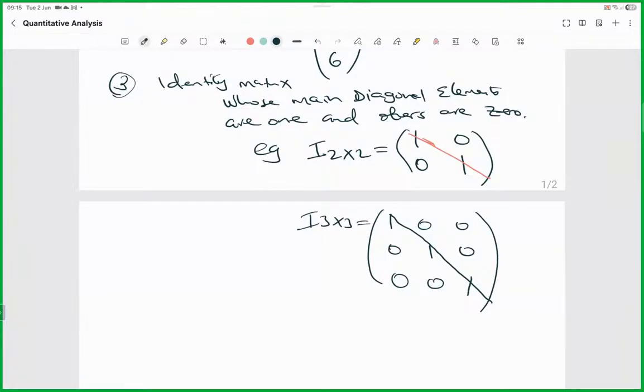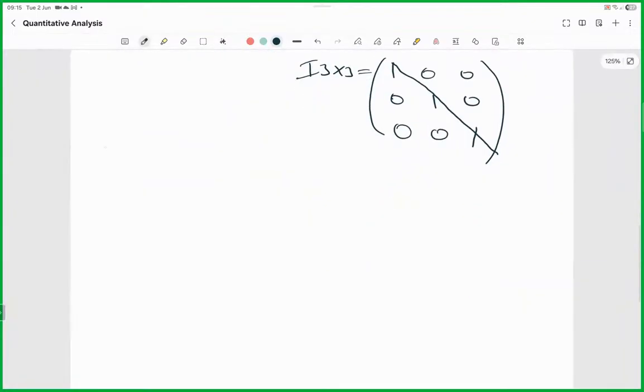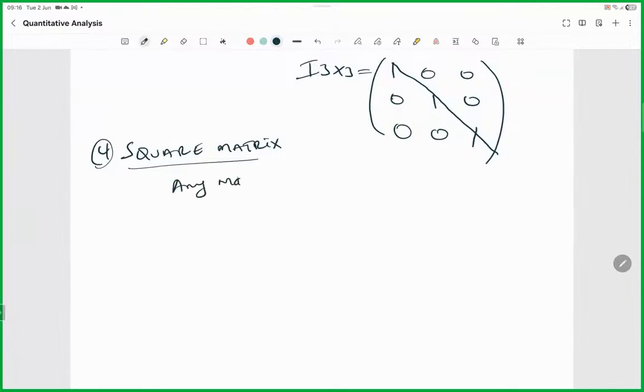A square matrix. This is any matrix whose number of rows equals its number of columns.